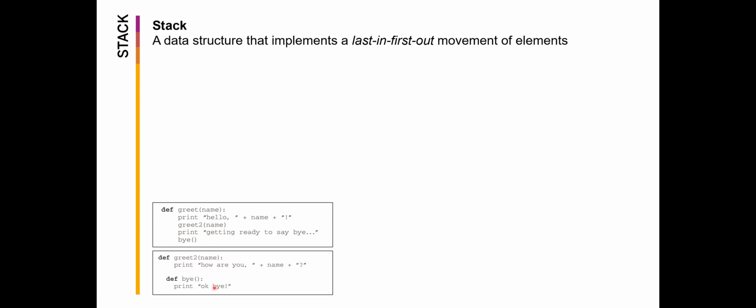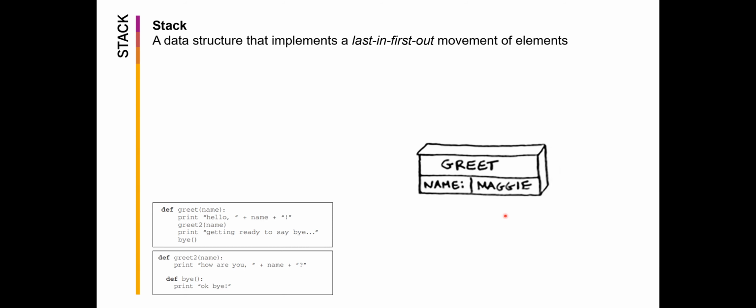So how does this work? On a stack, first your computer would allocate a specific resource or a slot in the memory, or a box. It's an empty space for now. When we start running the greet function, with the parameter here, which is Maggie, it will print out hello Maggie, as it says in the first line, and then it calls greet2 name.